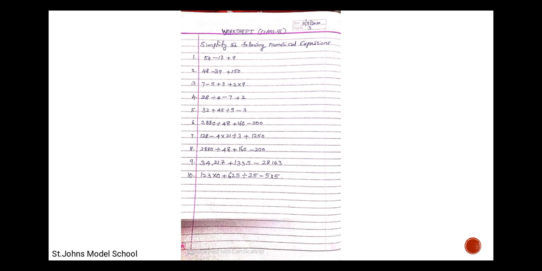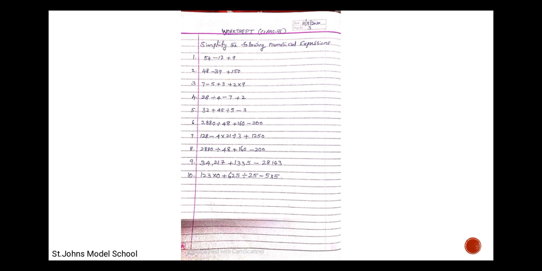The next question, 48 minus 39 plus 150. This also, first do 48 plus 150. Then subtract 39 from that result. The next question, 7 minus 5 plus 3 plus 2 into 9.